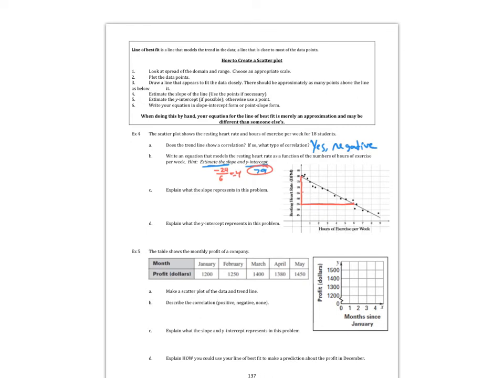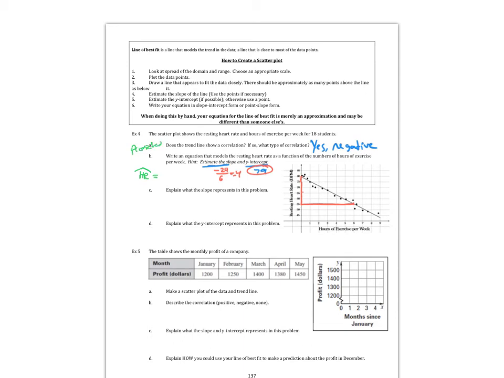Now, when we write an equation for a word problem, we're going to do it in the context of the problem. And so instead of y, I'm going to call it heart rate. So we do heart rate equals, but there's this fancy symbol we're going to use, and we want to get used to using this. It's not really that fancy. We put a little roof over heart rate. We call it a hat, actually. What that means is it's predicted.